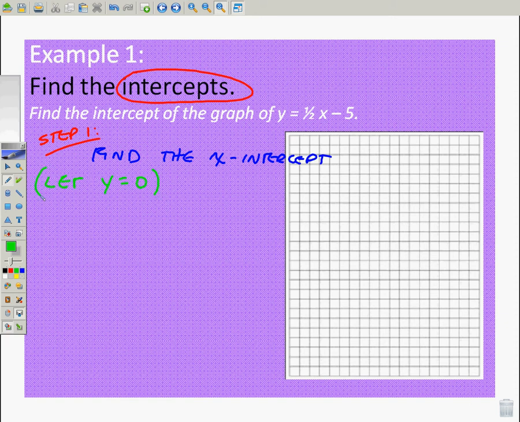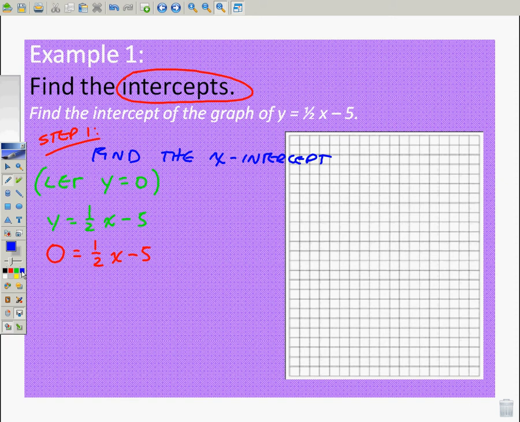So if I come down here and I say y equals 1/2 x minus 5, I'm going to substitute in 0 equals 1/2 times x minus 5. I'm going to solve for x now.